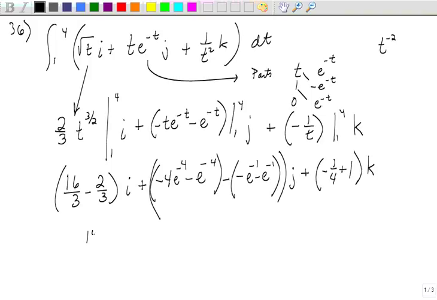So this can be 14/3 i minus 5e to the minus 4 plus 2e to the minus 1 j plus 3/4 k. And I've integrated it. Okay, so I hope this helps you with some of your problems.